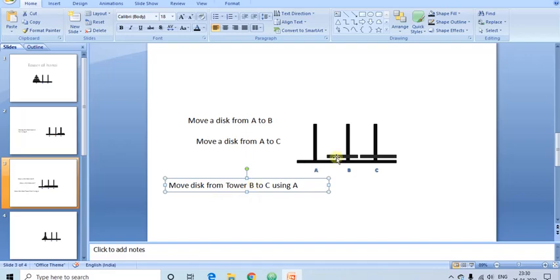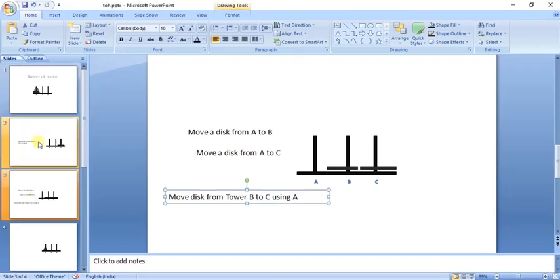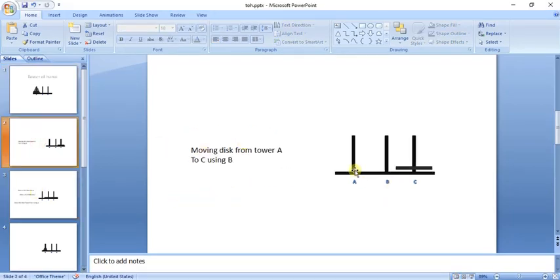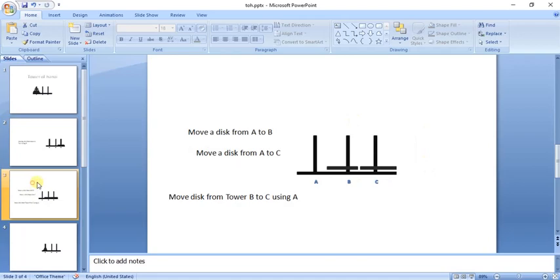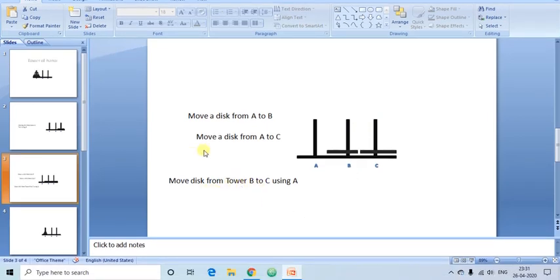Now we are moving it from B to C using A, but ultimately we are moving it to destination C, which we are moving right here. We are moving one disk from A to C. Here also we are moving one disk, from B to C. Though the source is changed, we are performing the same action. So this one is also recursive.